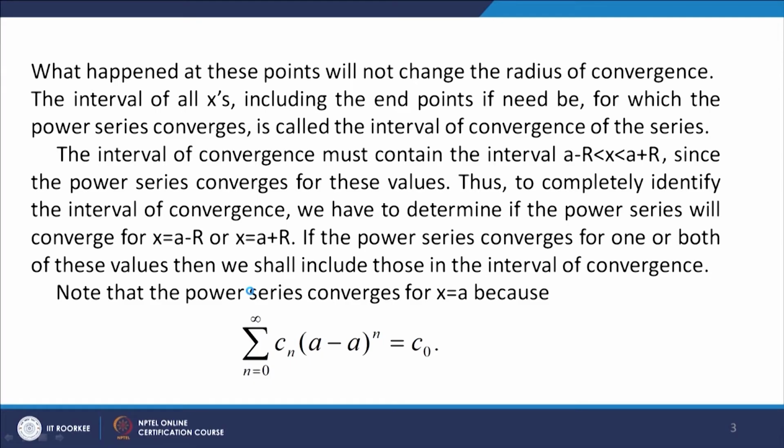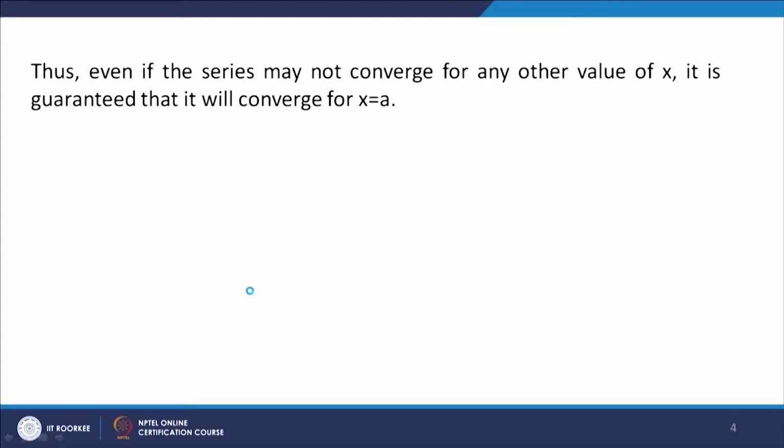So, the series at x equal to a gives C naught, and therefore the series always converges for x equal to a. Thus, even if the series may not converge for any other value of x, it is guaranteed that it always converges at its center, that is x equal to a.